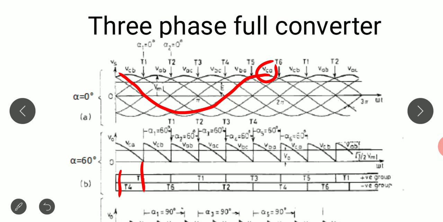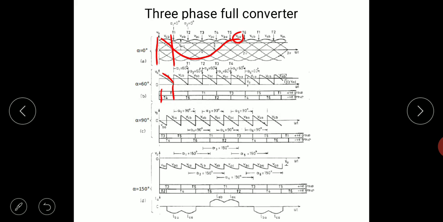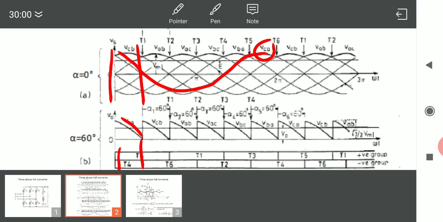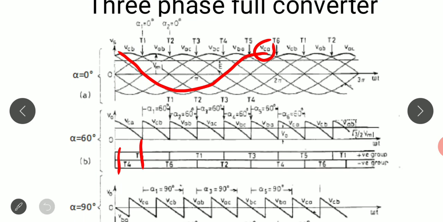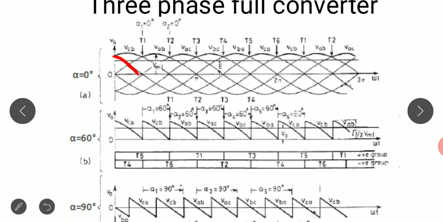So in this interval, VCA voltage is this much. Okay, so this is VCA voltage for a duration of omega t is equal to 0 to 60 degree.